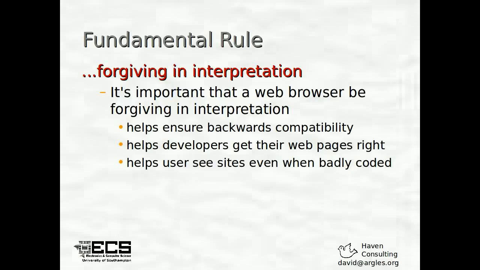It also helps developers to get their web pages right. If it just says, oh, there's a mistake here, I'm not going to display anything, it's really unhelpful. And it also helps the user to see the website even if the website isn't particularly well coded. That's important because of the nature of the web where we have user contributed content.